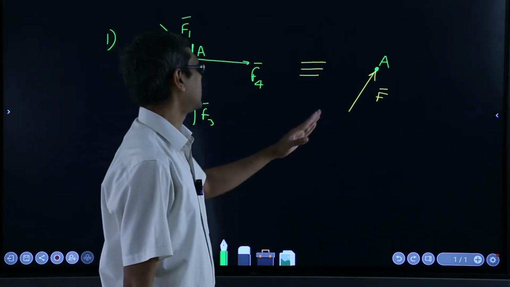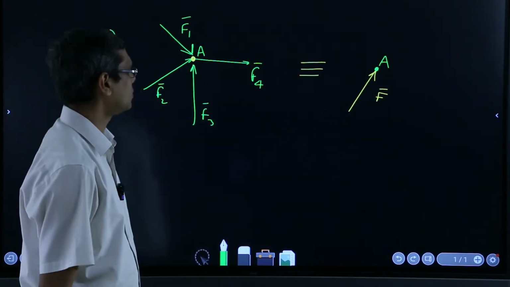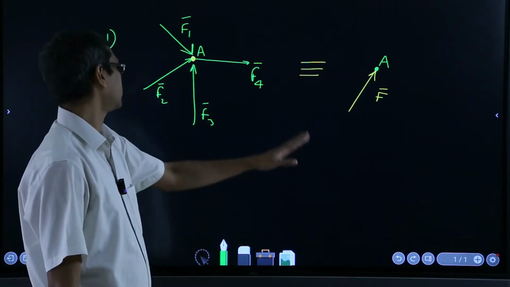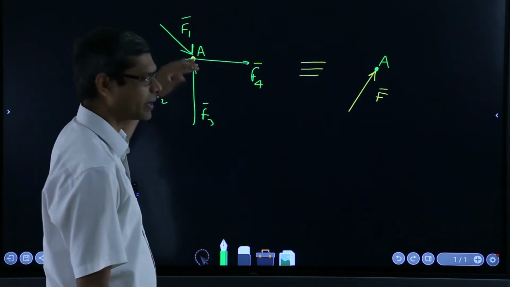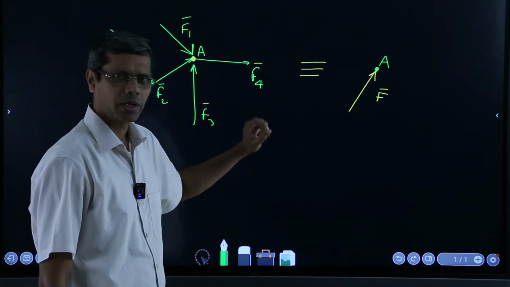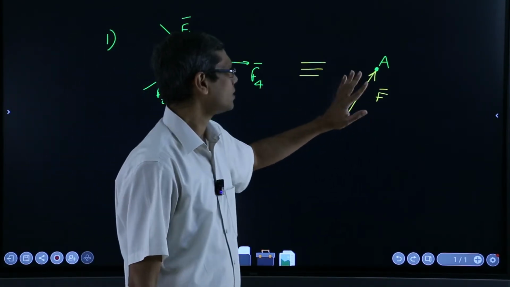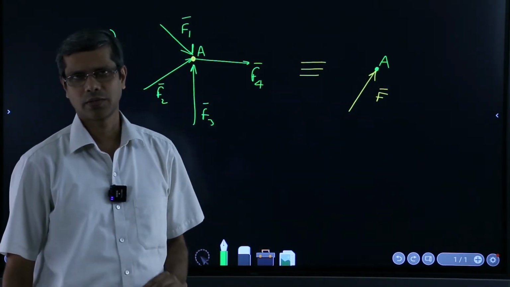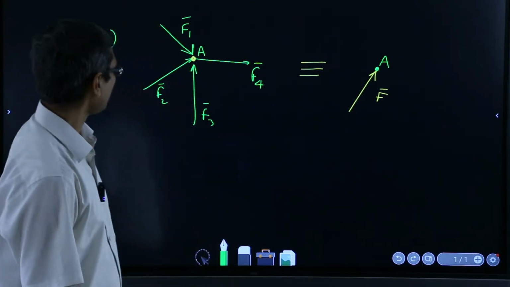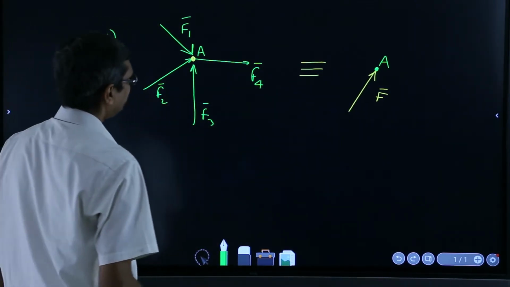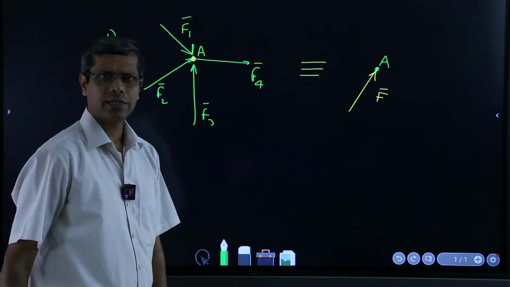Its direction and magnitude will depend on the direction and magnitude of all these forces, but in conclusion some force will come in some direction. Just a vector addition will tell us that.